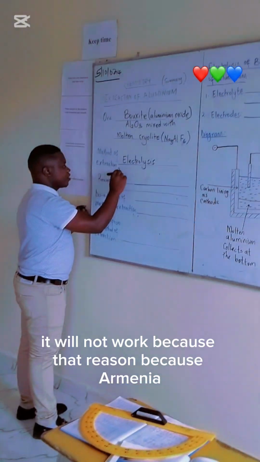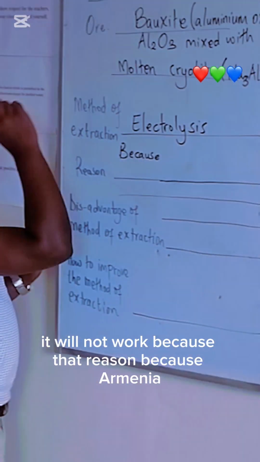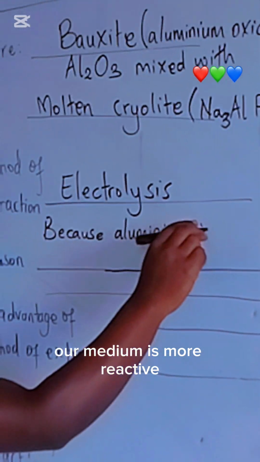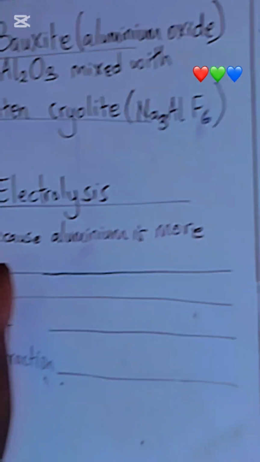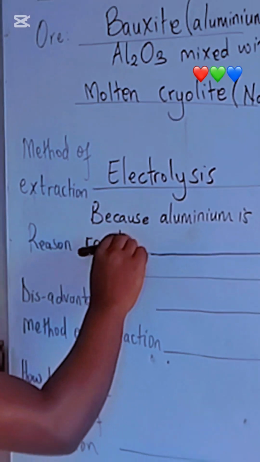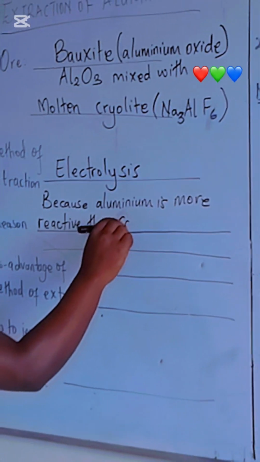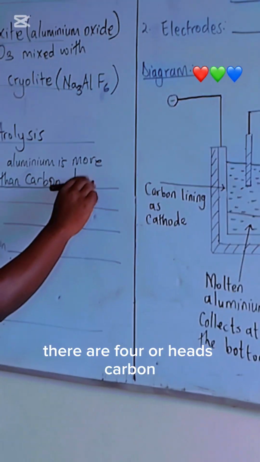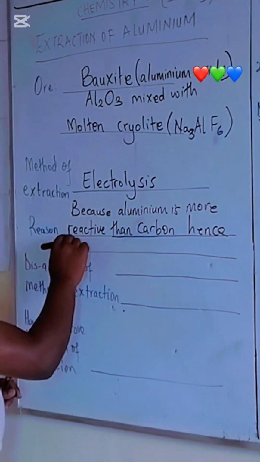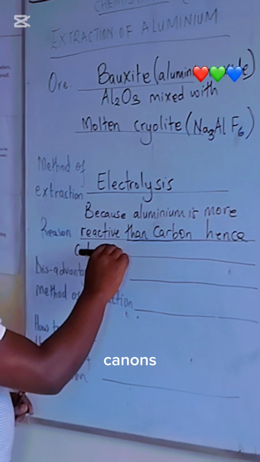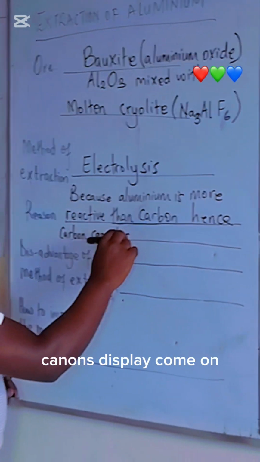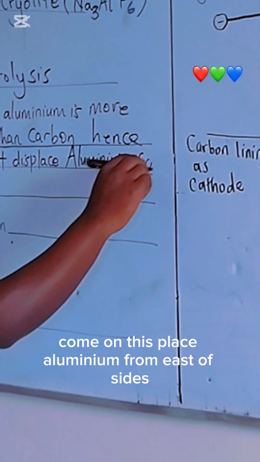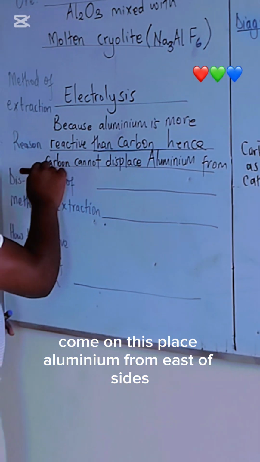The reason is because aluminium is more reactive than carbon, therefore, or hence, carbon cannot displace aluminium from its oxide.